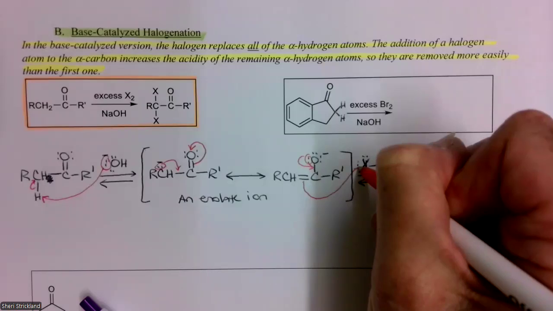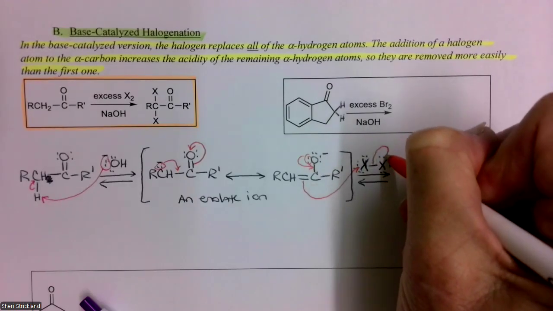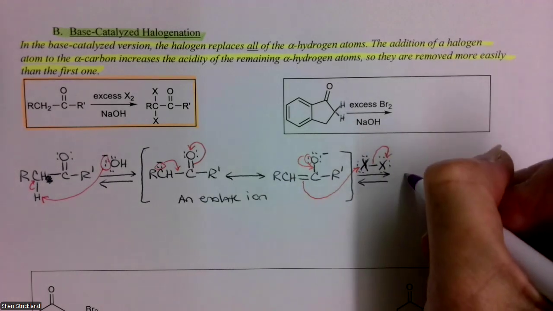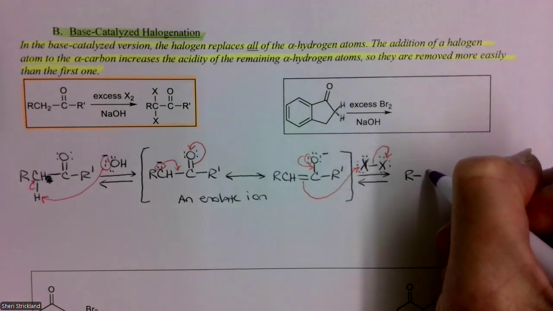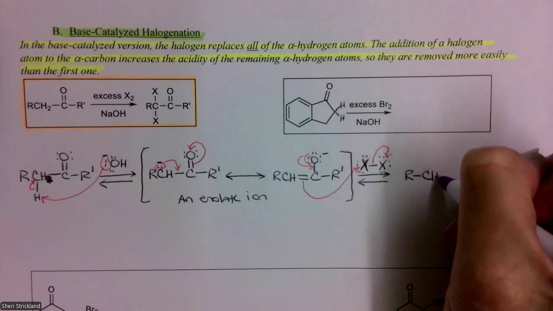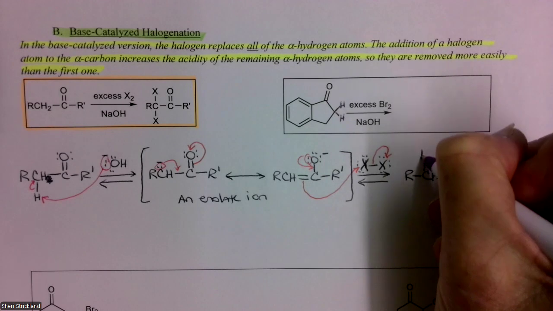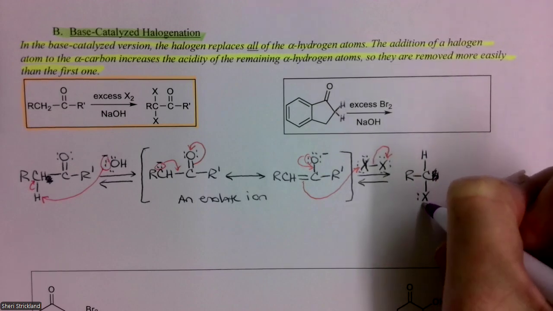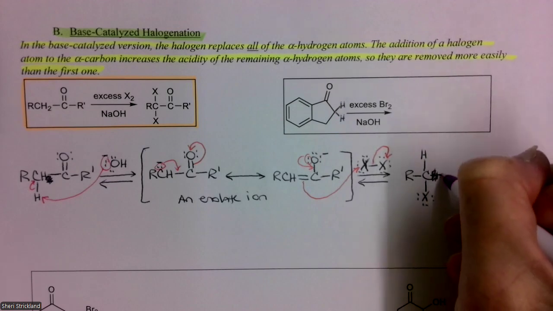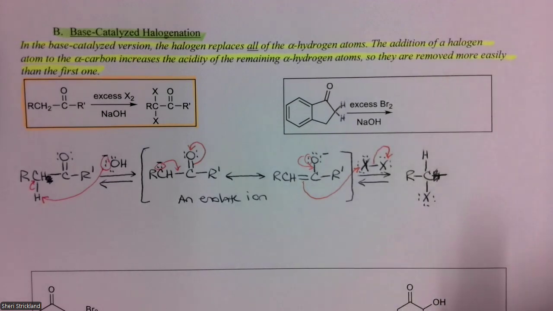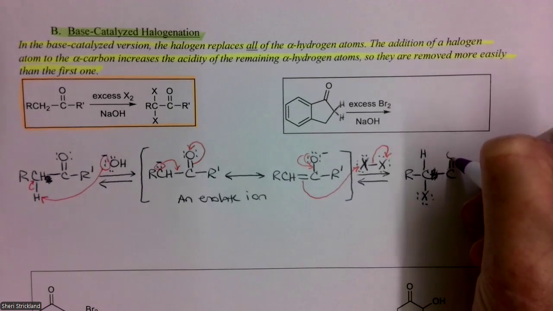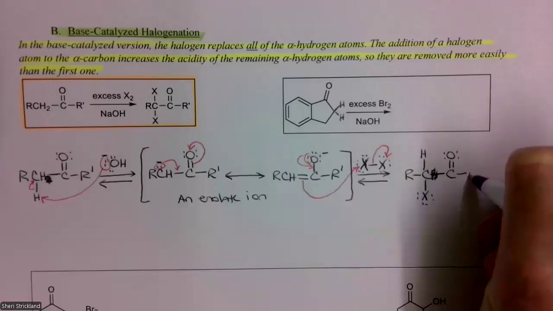It's going to come over here and attack that halogen, kick out the halide ion, just like we've seen before. We need to leave that hydrogen up for what I'm going to show you next. All right, so I apologize for two squiggles. We reformed the carbon-oxygen double bond.